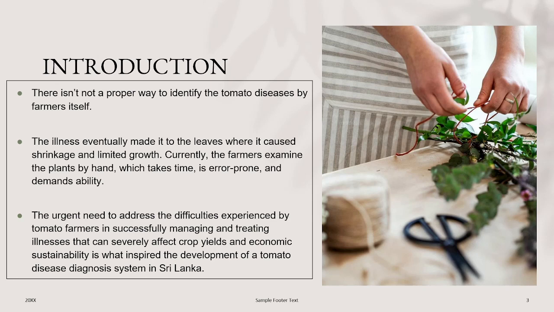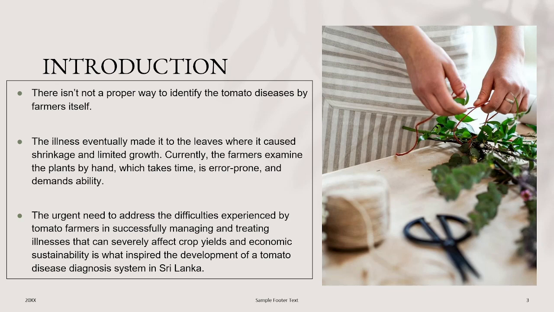The main thing they said is they don't have any possible way to provide immediate solutions or immediate treatments when a plant is infected by a disease, and they have to give immediate treatments to the diseased plant because some diseases are spreading so fast.